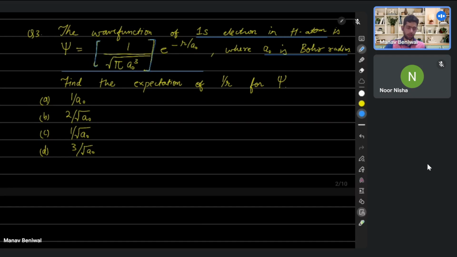Okay, so now what is the question asking us to do? The question is asking us to find the expectation value of 1 over r.